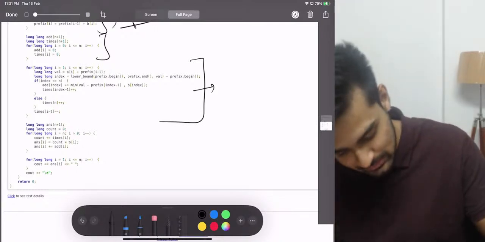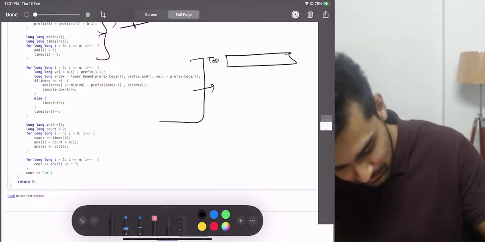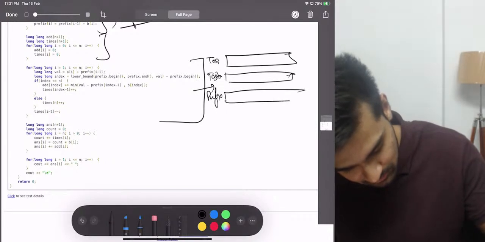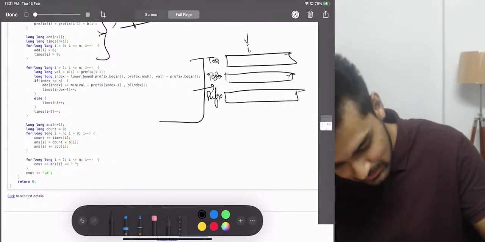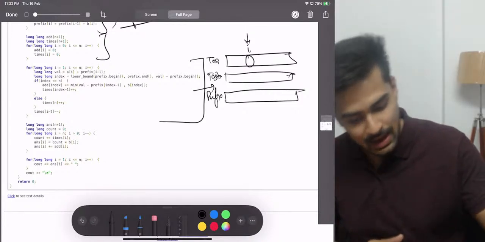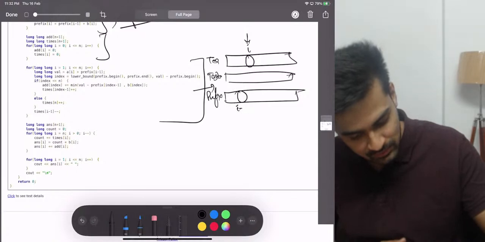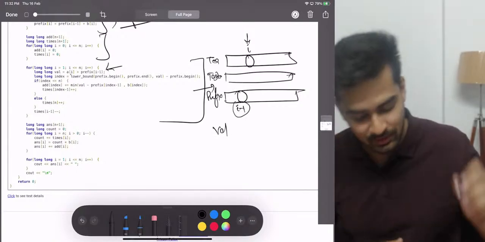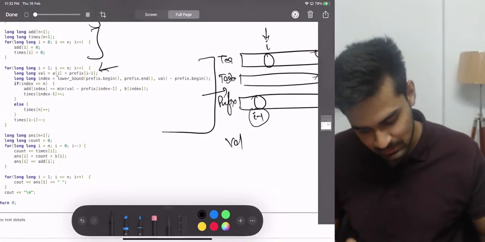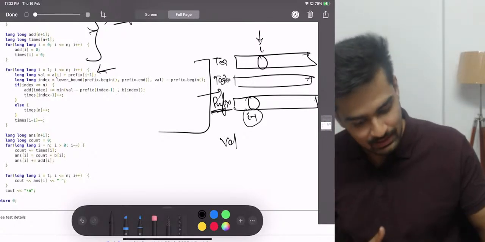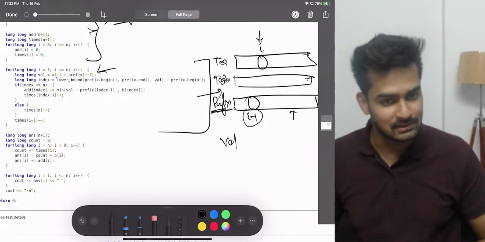So then this is the main part. Here, this is t, the tasters, and this is prefix. For this ith index, I first take this a_i and add prefix of i minus 1 to it. My value becomes a_i plus prefix of i minus 1. Then I try to find the lower bound in the prefix array. Let's say it was able to reach till this index.